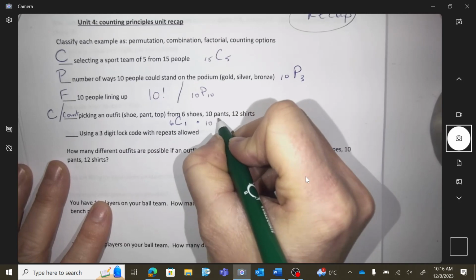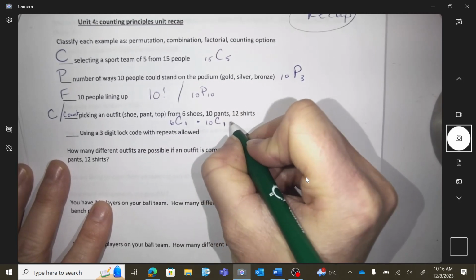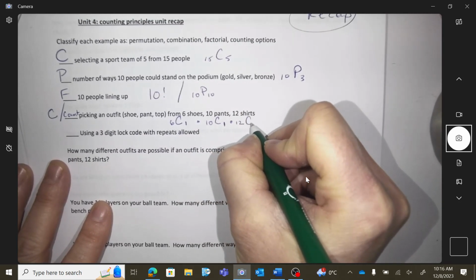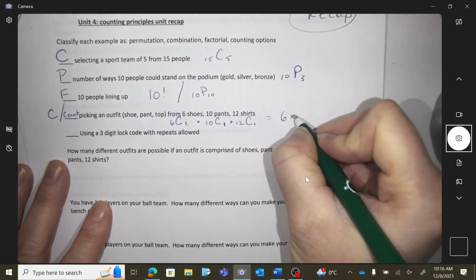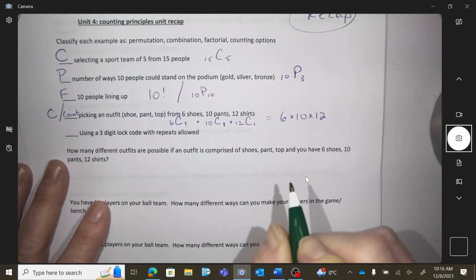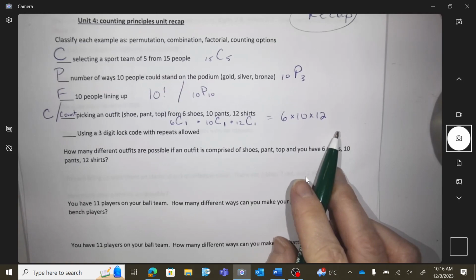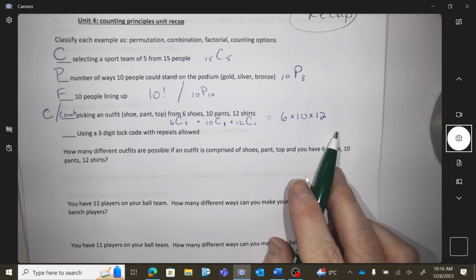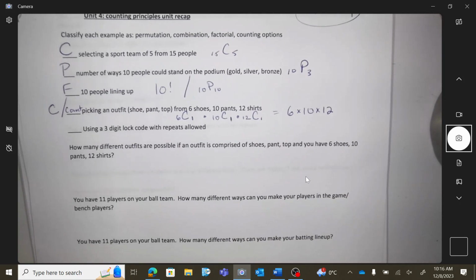You have 10 pants and you have to choose one. And you have 12 shirts and you have to choose one, which is essentially just 6 times 10 times 12. So that's just a counting option as well. So I would have probably accepted both of those.